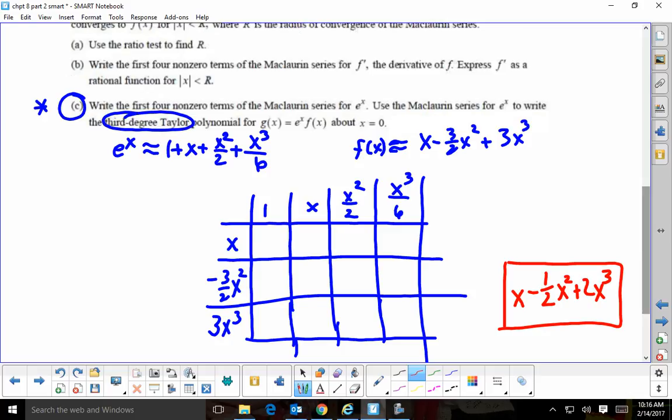Good. So I got 2x cubed. So it's 1/2 minus 2/2 plus 3.